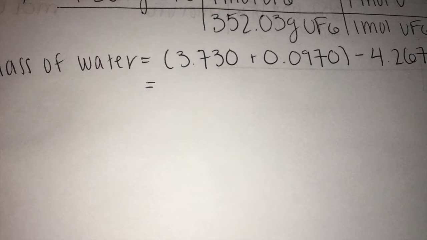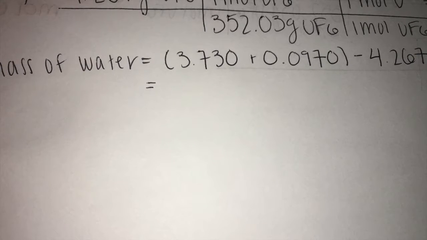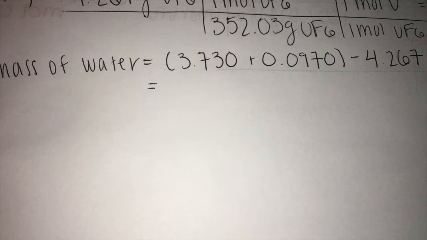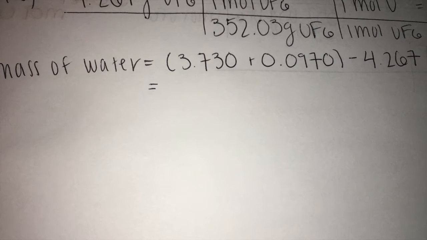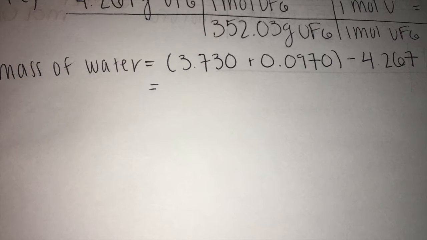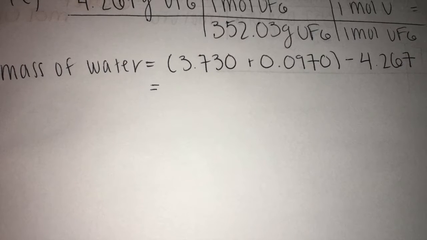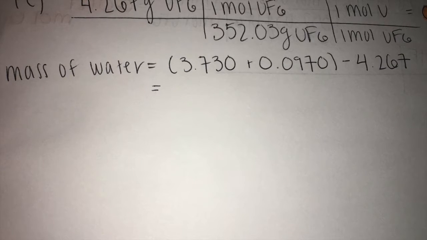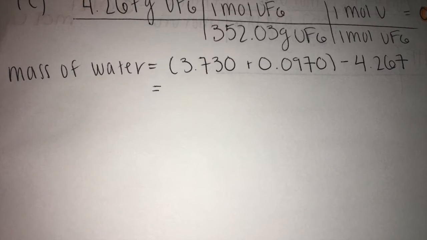The problem tells us that there are 4.26 grams of uranium fluoride, 3.73 grams of the unknown solid, and 0.97 grams of hydrogen fluoride. I know from the law of conservation of matter that the total number of grams on the reactant side should equal the total number of grams on the product side.